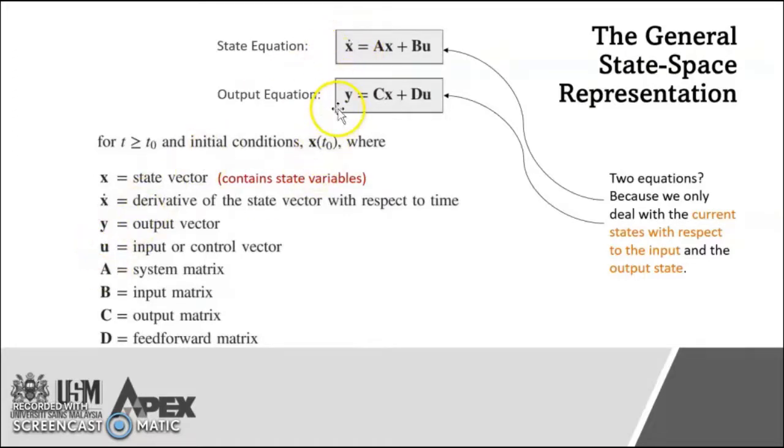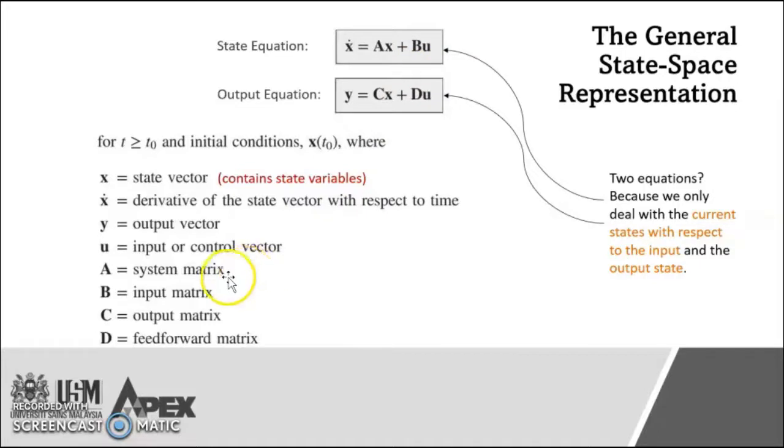And then y is the output vector, u is the input or the control vector, which is here. It involves two equations here. And then A, B, C, and D, if you could see here, all of them are matrices.